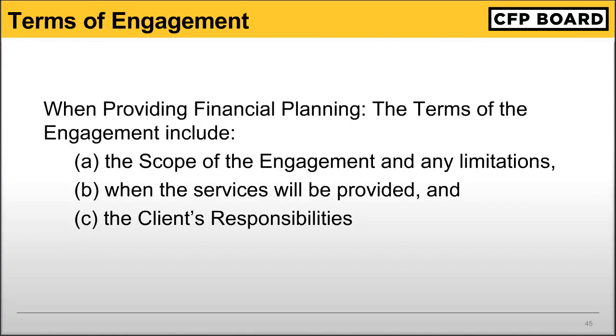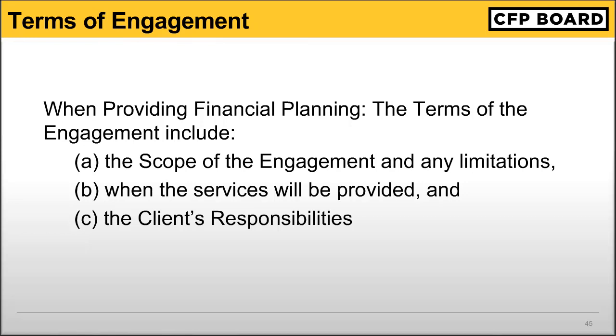The terms of the engagement come into play when providing financial planning. The terms of the engagement include the scope of the engagement and any limits, when the services are provided, and the client's responsibilities. One thing that's really important to note, and you should remember this and note it to the participants during your session, is that a CFP professional is responsible for implementing, monitoring, and updating unless specifically excluded from the scope of the engagement.